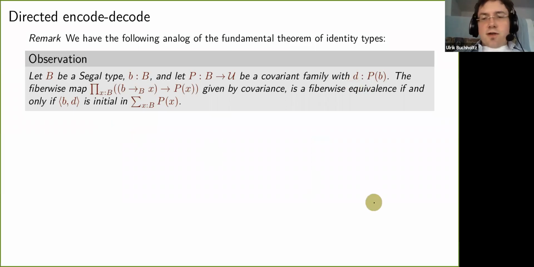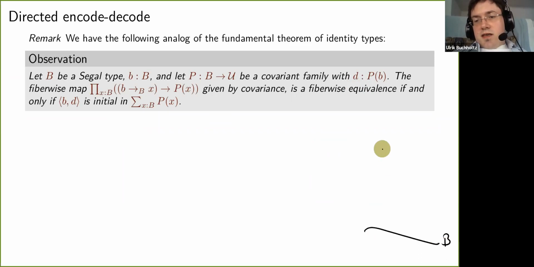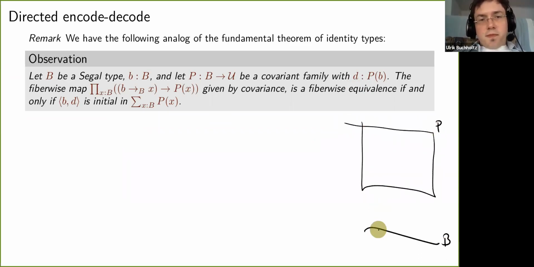So you take an arrow, let's make a picture here. You have B, you have P, you have your beginning point B, and then you look at arrows out of B to some X, and you fix the element D of the fiber. Then you can always, using covariance, get a map from any arrow U to this element here.